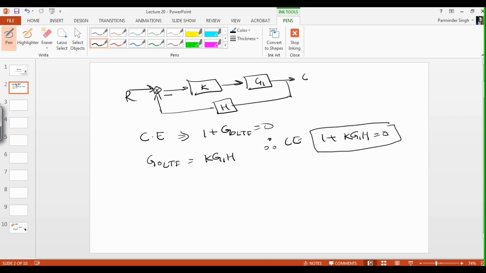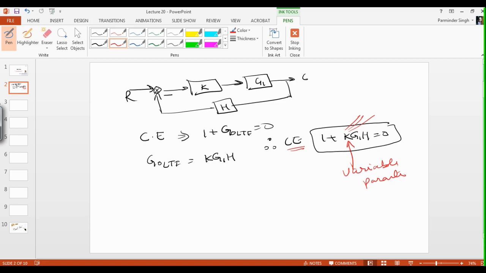Clear? Now in this equation there is one parameter which is variable, and that parameter is our gain K. So this is your variable parameter. Now if K takes different values, obviously the roots of our characteristic equation will be different.